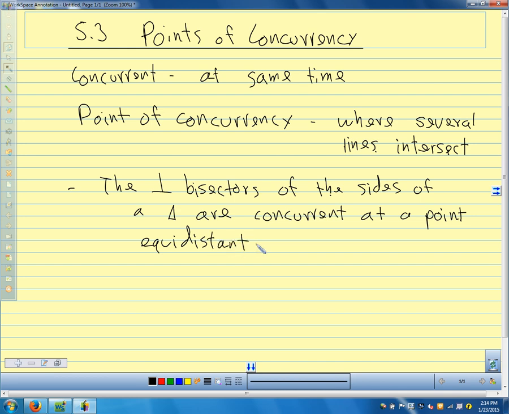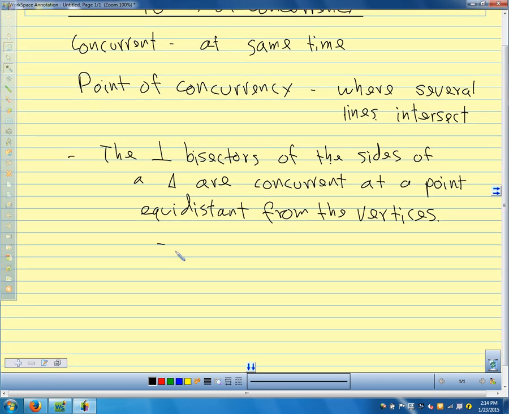Equidistant means equal distance. The point is called the circumcenter.